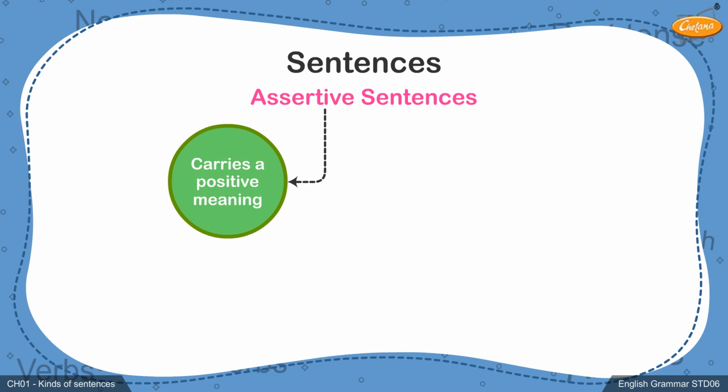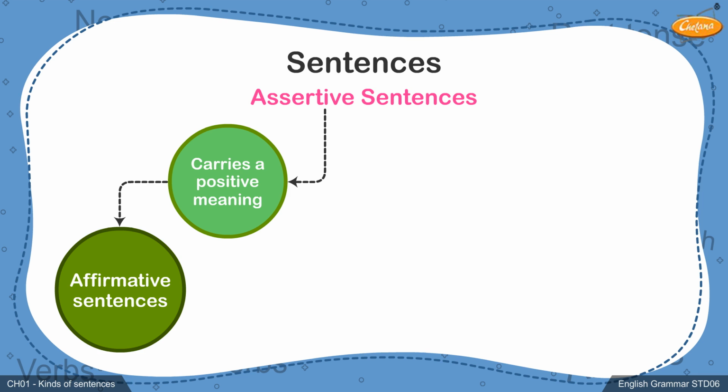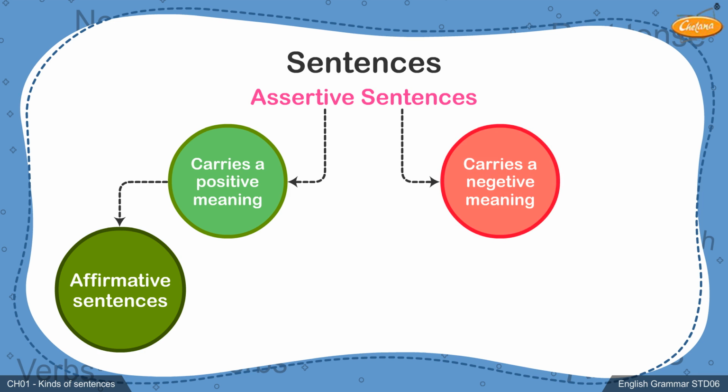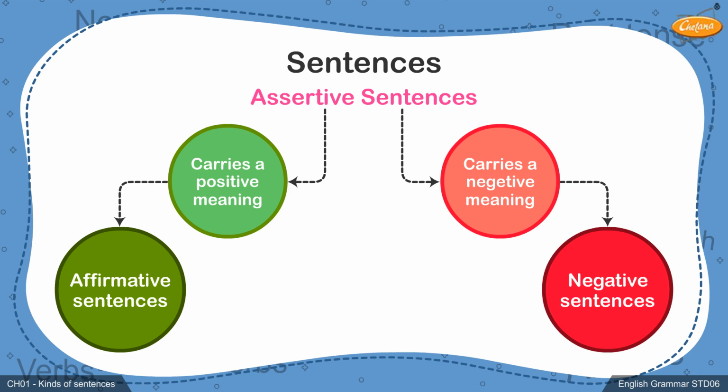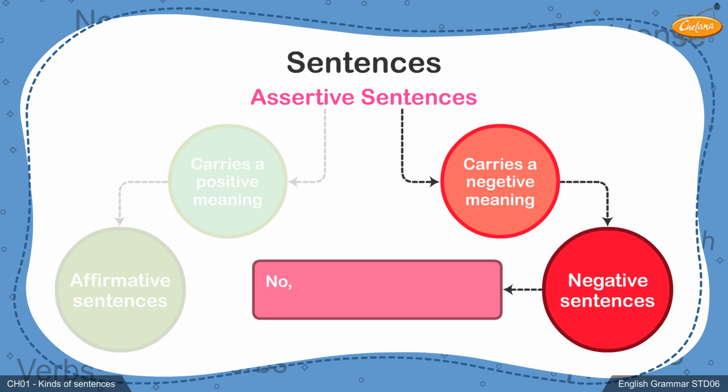Assertive sentences that carry a positive meaning are called affirmative sentences, whereas those which carry a negative meaning are called negative sentences. Words like no, not, none, never, nothing, not only but also are used only in negative sentences. Hence, these are called negative words.